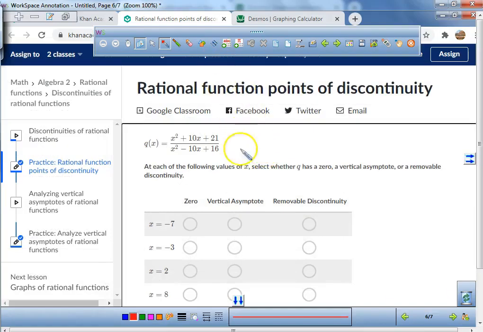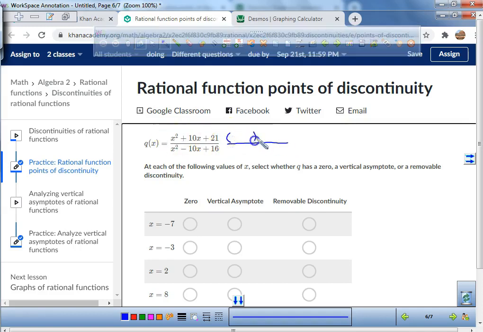Okay. So what I'd like you to do is write this function down. We're going to go ahead. I'm just going to make that fraction bar, and we're going to factor the numerator. And then we're also going to factor the denominator.